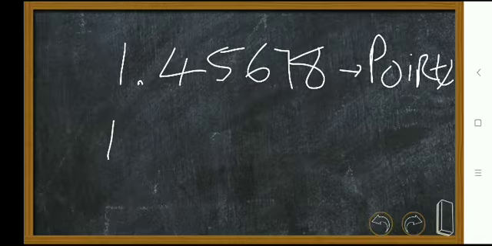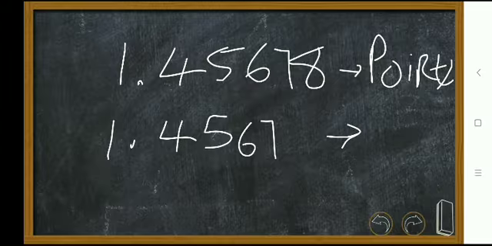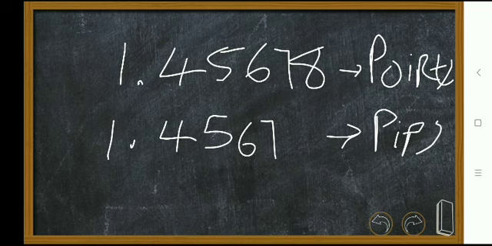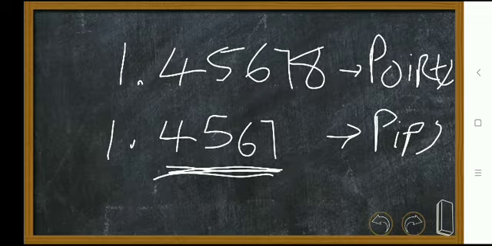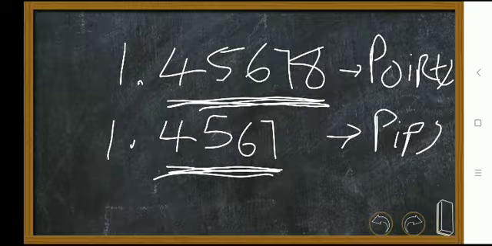And this price is in pips. Because of what? The 4 numbers after the decimal point. This one is in points because it has 5 numbers. I hope I'm making sense.